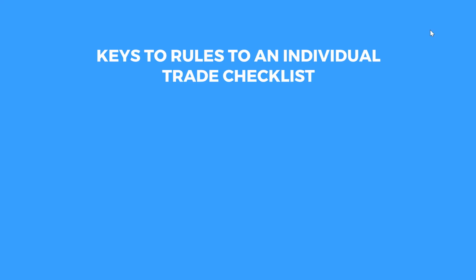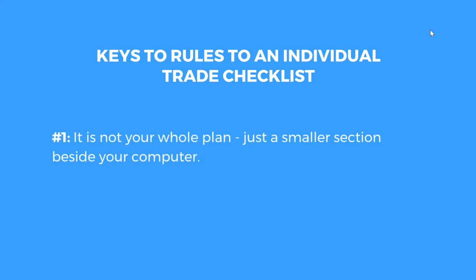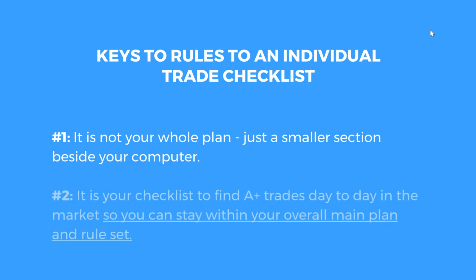The key to this, in the major outline and the rules, is that it is not your whole plan. It's just a smaller section that sits beside your computer. It's the checklist for the A+ trades, day-to-day in the market, so you can stay with your overall plan. It's going to make sure that you stay within that main plan and main rule set.